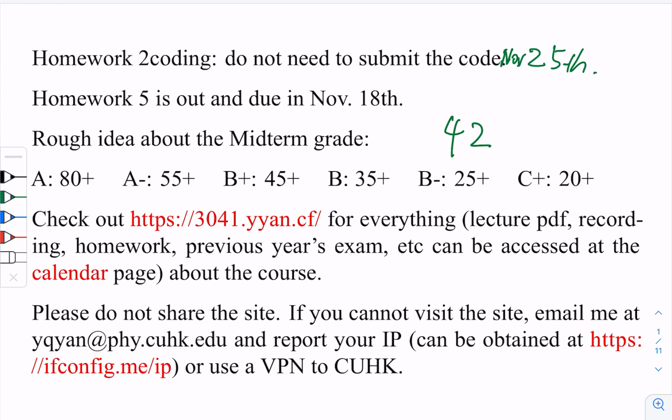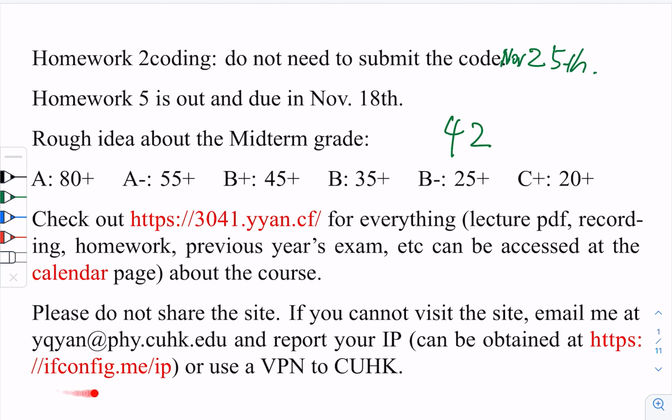And I limited the access to the website to certain IPs. But if you are on the campus, you are definitely able to visit the website. And if you somehow cannot access the website, say that you are at home or on your mobile device, you can click on the link here.